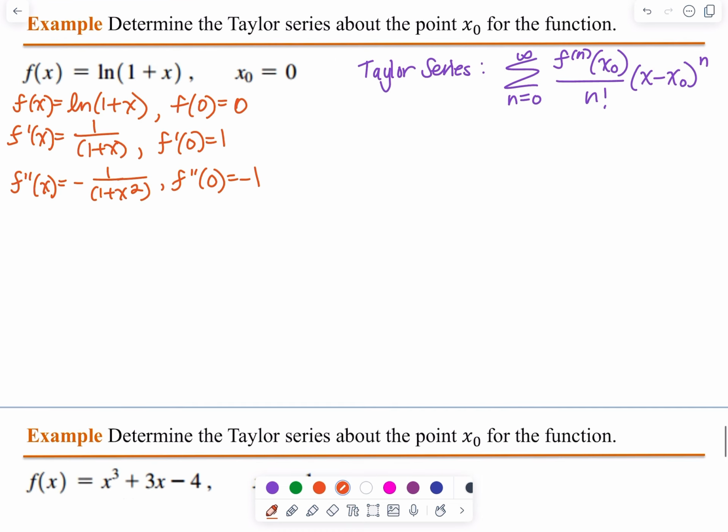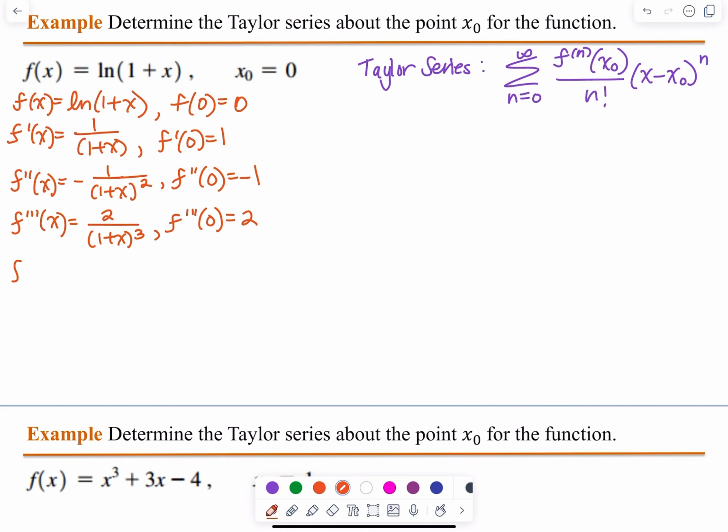And then let's find our third derivative. That should have been 1 plus x all squared. And then that third derivative is going to be a positive 2 over 1 plus x cubed. And f triple prime of 0 is going to be equal to 2. And that fourth derivative of x is going to be a negative 3 times 2.